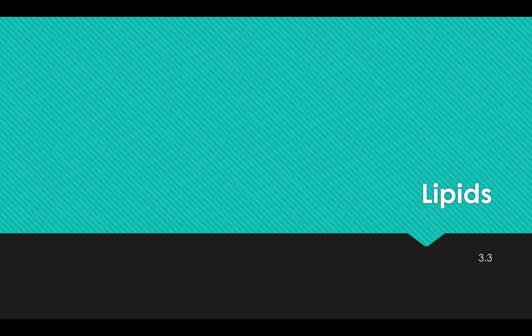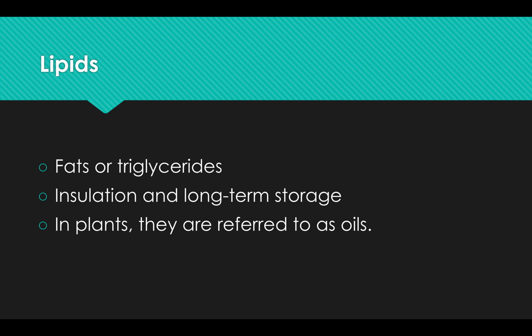So the last section we're going to go over today is lipids, and lipids are your oils and fats. So these are fats or triglycerides. When you get older, you'll have to do health screenings and stuff, and they might say, oh, your triglycerides are high. They're talking about your lipid content.